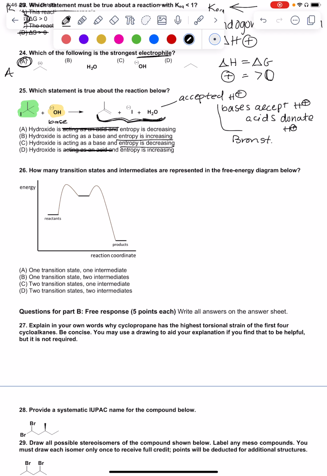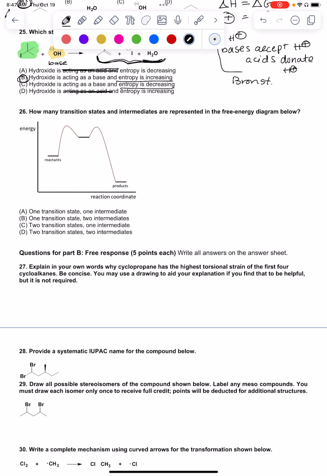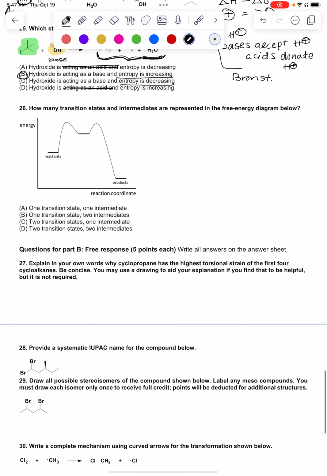The answer is B. And I'm going to have to look into this a little bit more. I'm not 100% sure on how you know the entropy is increasing, but I'll look this up and then I'll come back and tell you. And he may say it in his video. I haven't watched his video yet. But that was a 50-50 chance. So there you go. How many transition states and intermediates are present in this free energy diagram?